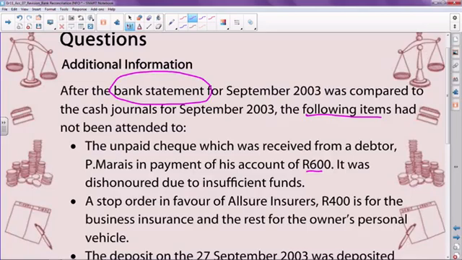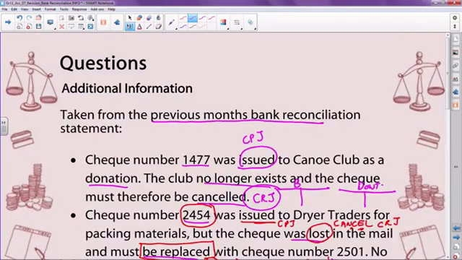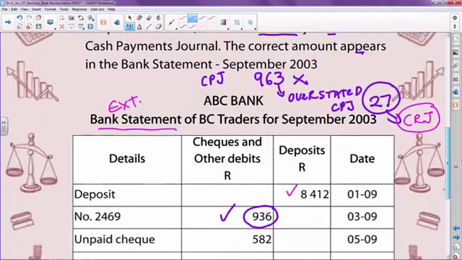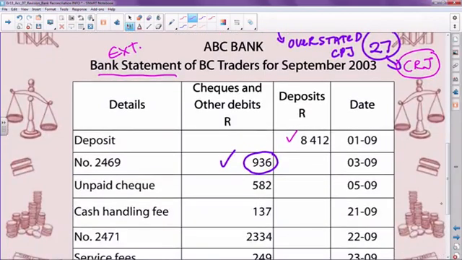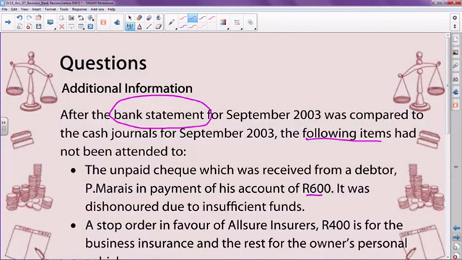So which check are they referring to? Okay, if we go to the bank statement, we've got an unpaid check for 582 Rand. If we compare 582 to the amount that was given to us, 600, immediately we notice that this guy received a discount.